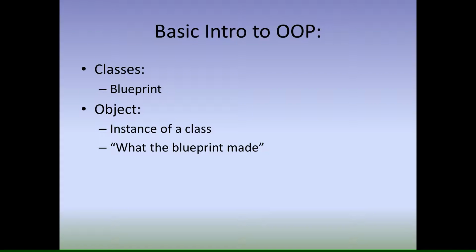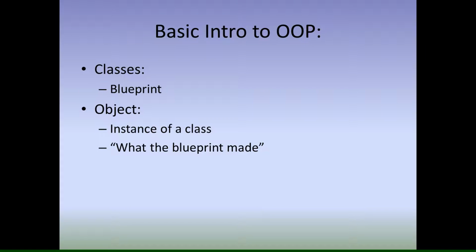So it may have a data member called ingredient 1, and ingredient 1 is sugar, and ingredient 2, I don't know how to bake cookies, but I'm going to say it's chocolate chips, and a method of it may be that that's how to cook it, so you can stick it in the oven.